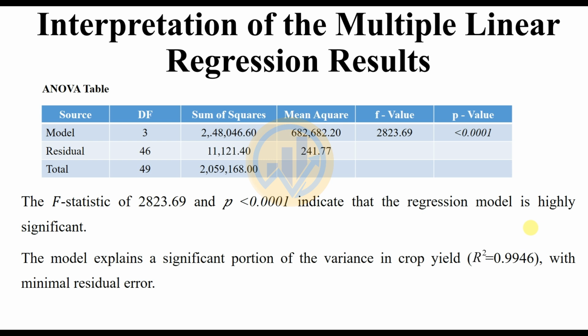The F statistic of 2823.69 and p less than 0.0001 indicate that the regression model is highly significant. The model explains a significant portion of the variation in crop yield, with R square equal to 0.9946 and minimal residual error.